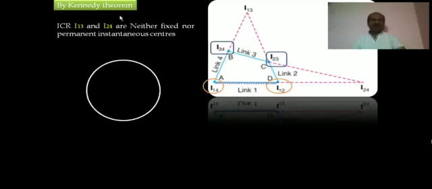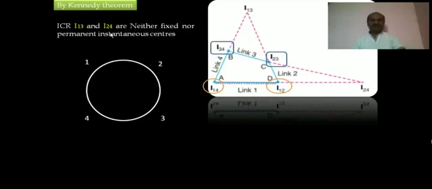Now the procedure to locate these remaining ICRs is, you have to draw one circle. You can draw it roughly. There is no need to draw a particular radius circle. This is for construction purpose only.